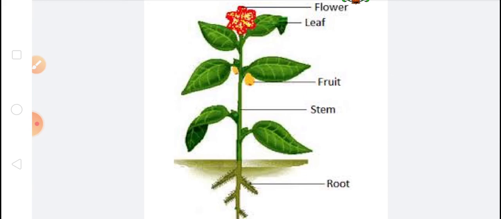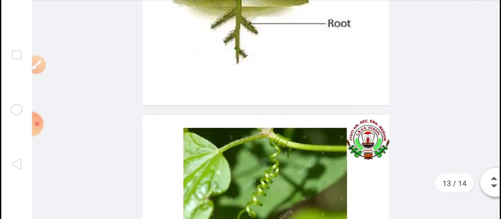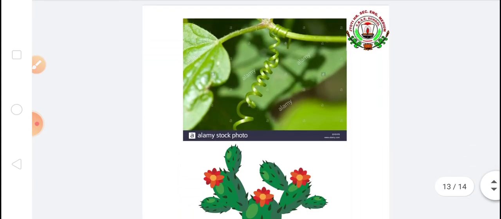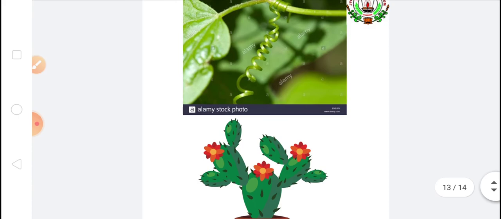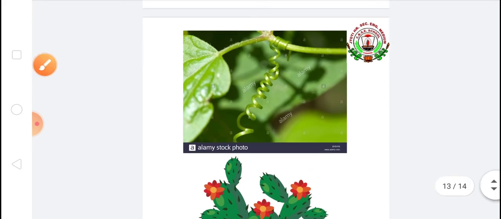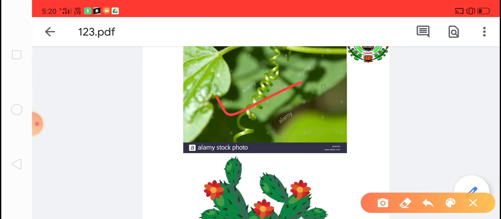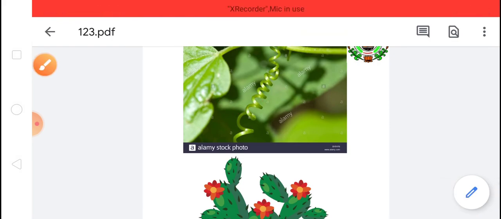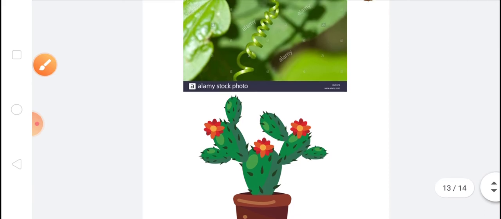Leaves of green plants make food for the entire living world by the process of photosynthesis. Leaves give out water during transpiration. Leaves are modified into tendrils, which give support to the plant.